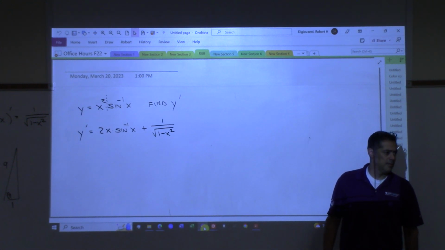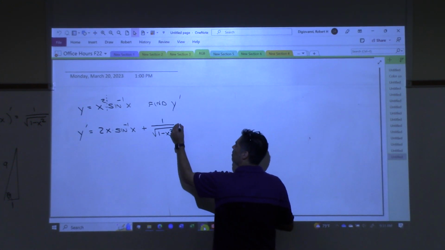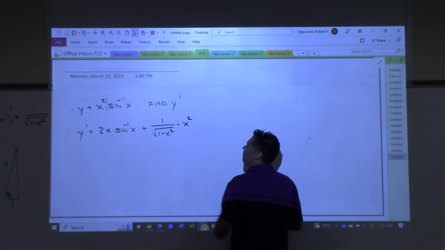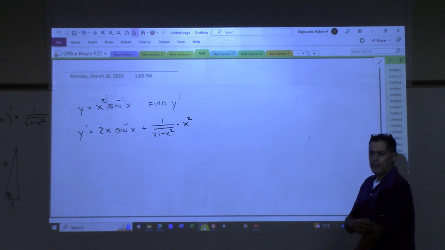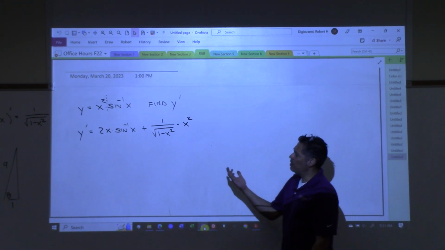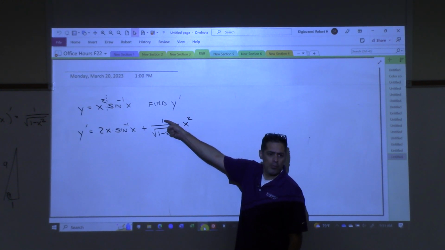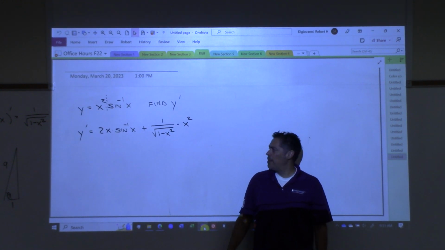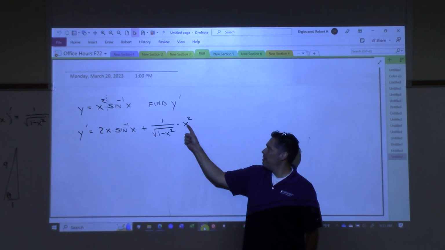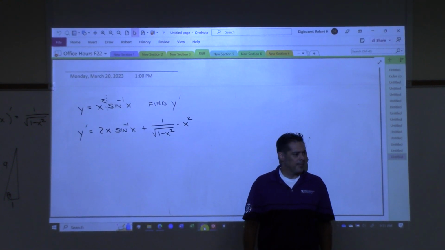Am I done? Times x squared. That's it, right? And then the most you could really do here is just take that x squared and put it up in the numerator. That's about all you could do to clean it up. I mean, you could try and get a common denominator, but really, put the x squared up there, you're done. Okay? Questions?